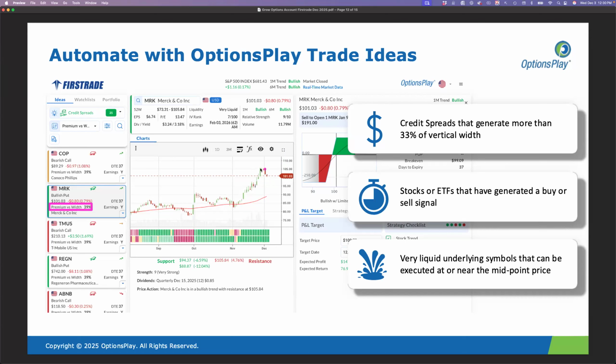It also had the optimal timing where we were patient in this uptrend, waiting for that pullback and looking for that continuation higher. And lastly, we're looking for only very liquid underlying symbols. The worst thing we can do is find opportunities in stocks where the options are not liquid. So we are doing all the work for you to automate every single step of what I just taught you.